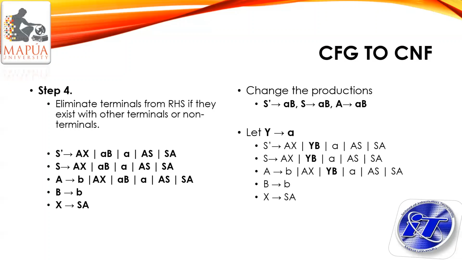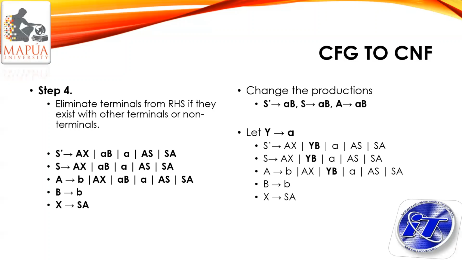Okay, so let's inspect again if all right-hand sides of our rules conform with CNF. So start could yield to empty. We don't have empty, so we don't have a problem with the first form. Second, only 2 non-terminals on the right-hand side.